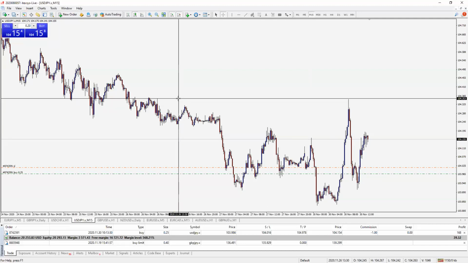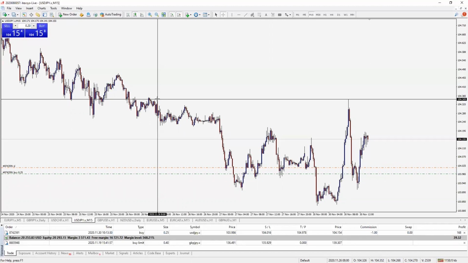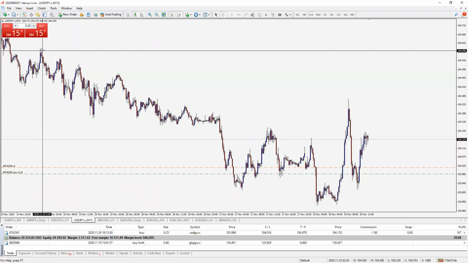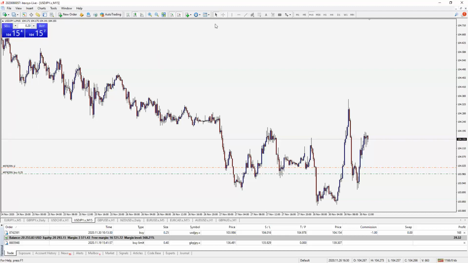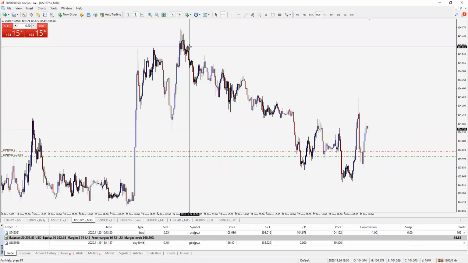Because I believe that if the price reaches that level here, then most likely the price tends to reach higher levels. At least this level, or maybe this supply here at the left, or maybe up to the top here.